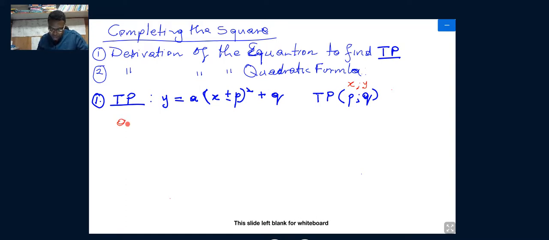We have ax squared equal to 0. What do we do? I divide by a throughout.